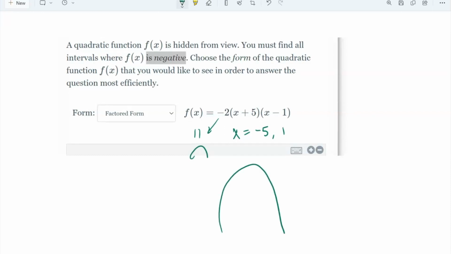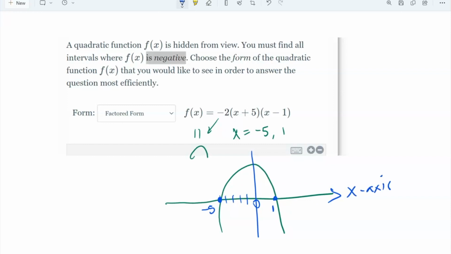So the graph looks like this, and it crosses the x-axis at -5. So this is the point right here, -5. This is the point +1. And so that means this is 0, 1, 2, 3, 4, 5. All right. So it crosses the x-axis, right, at -5 and 1.